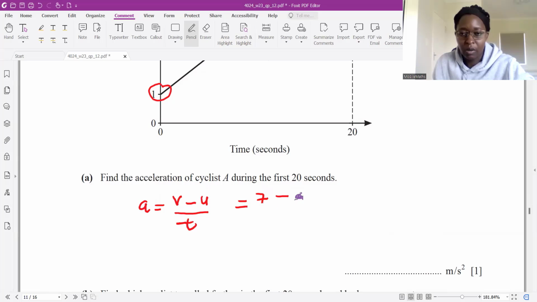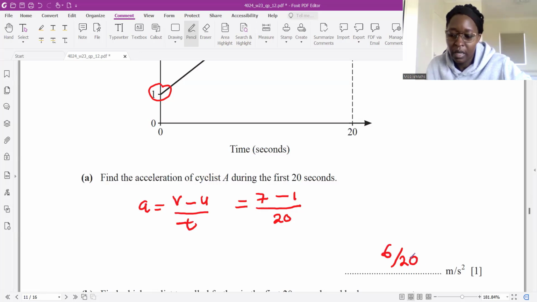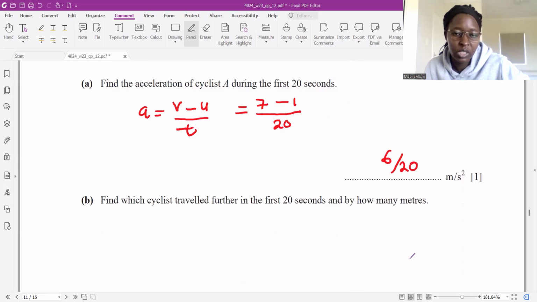Okay, minus 1 over the time taken, which is 20 seconds. So it's going to be equal to 6 over 20. Then find which cyclist traveled further in the first 20 seconds and by how many meters. So basically here we are looking for distance.